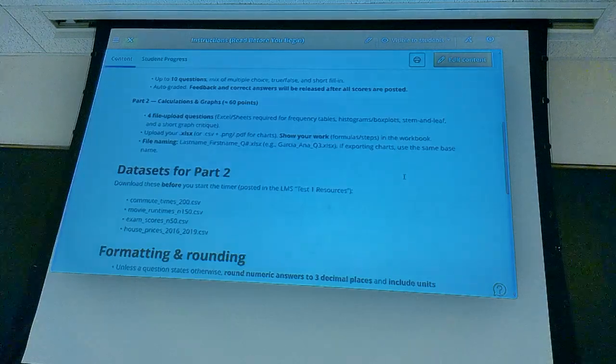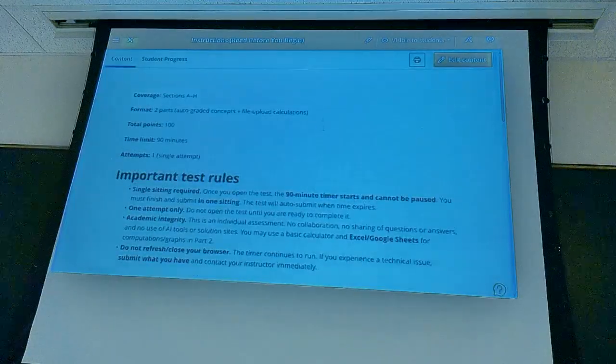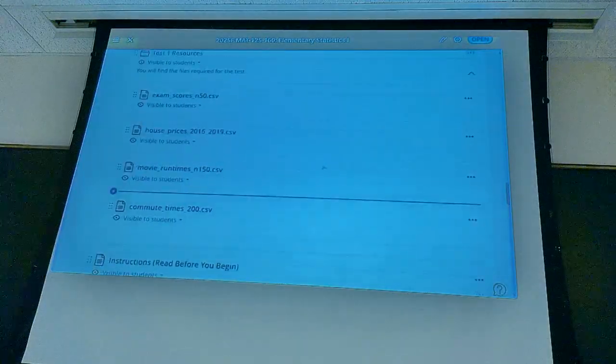If you want to save time, first, obviously, read the instructions before opening the test, because once you open the test, the timer starts and you can't stop it. It's a 90-minute time limit. I recommend that you download and open all 4 of those files before starting the test.